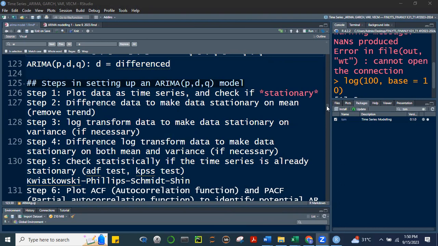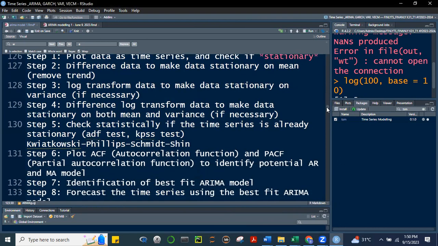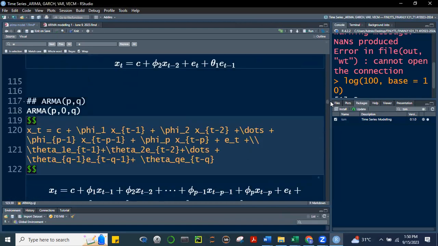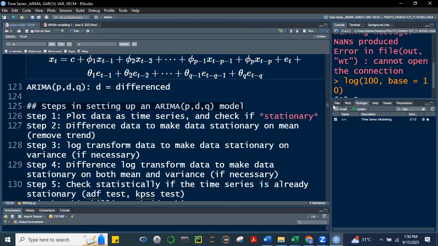That takes care of these steps. And then after you transform your data, you difference, or take the log, or both, what do you do?